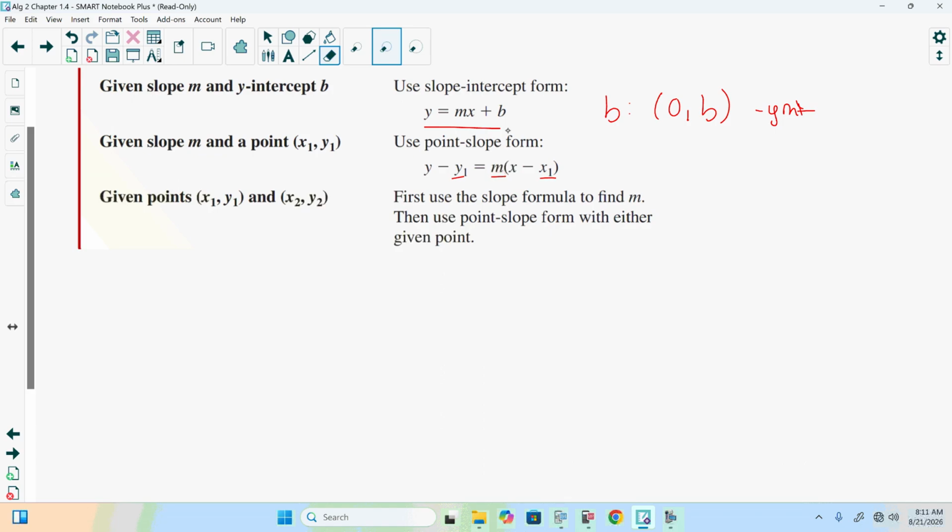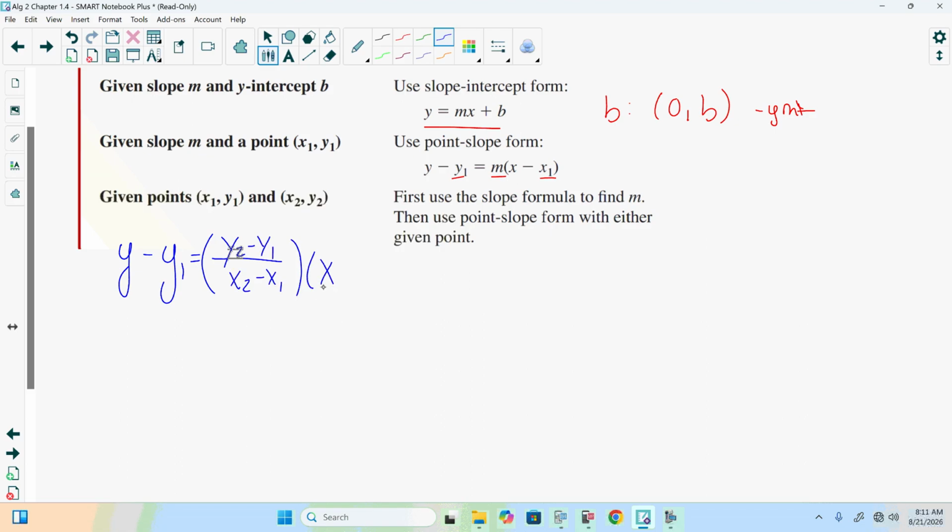Really, all it is is point-slope form, but instead of finding the slope and plugging it back into point-slope form, we just stuck the slope formula into point-slope. I would rather find the slope and then plug it into point-slope than try to plug everything in there and try to keep all those numbers straight. A lot of stuff going on.